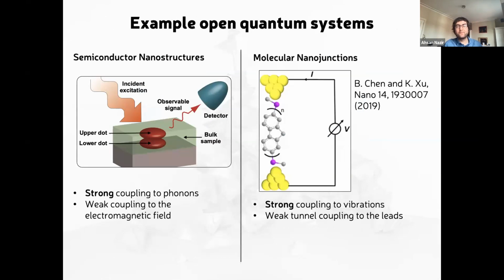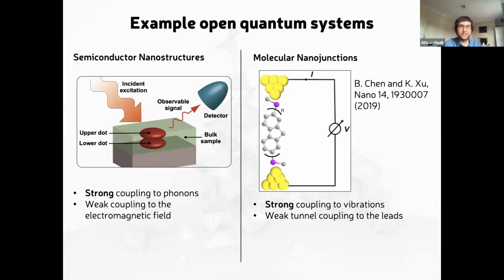So here's a couple of examples just to give a kind of experimental and physical context, I suppose. On the left-hand side, there's a diagram of a semiconductor nanostructure. So this happens to be a double quantum dot, but it could just be a single solid state 2-level emitter, for example. And we've got some incident electromagnetic excitation.